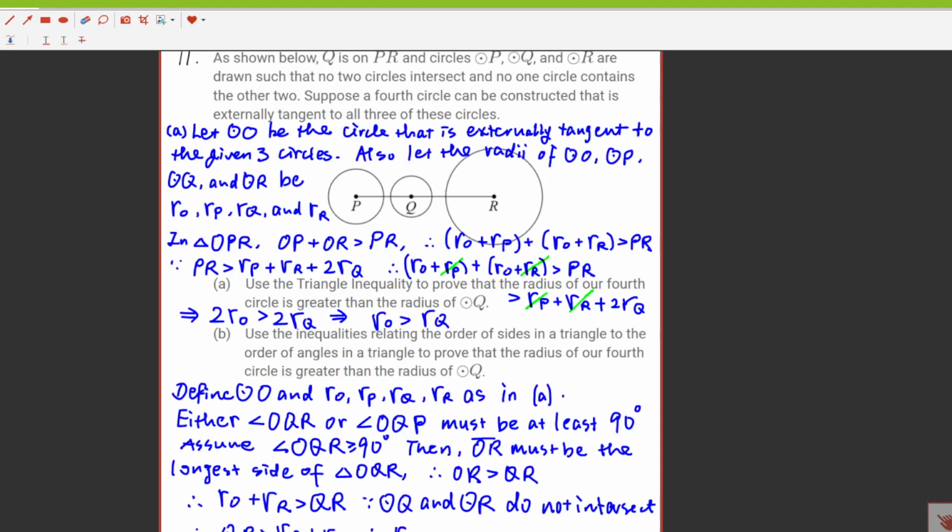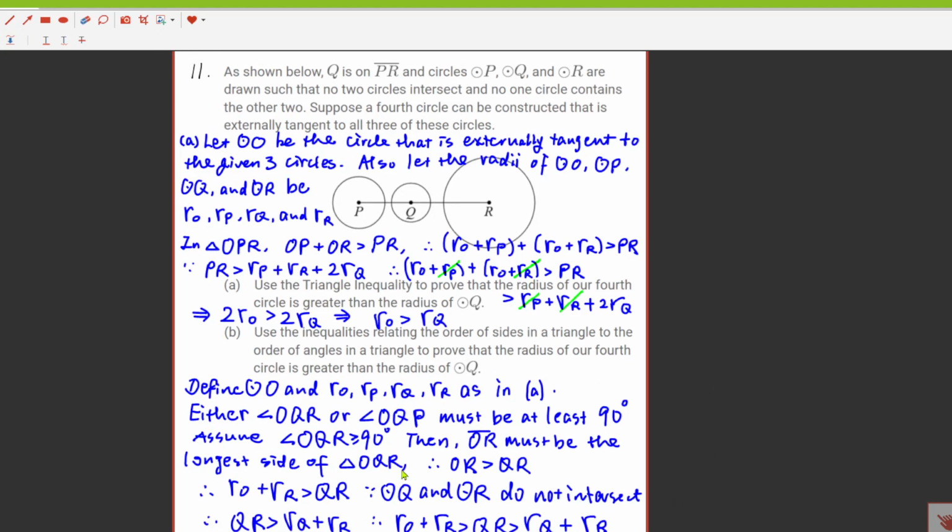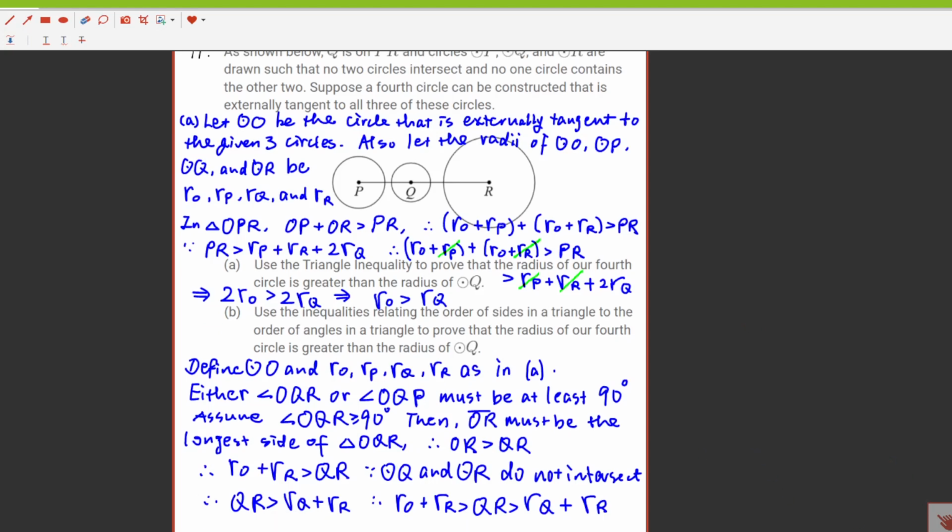Therefore, we have rO plus rR is greater than QR, which is greater than rQ plus rR, right? And eventually that gives us the desired inequality. We have rO is greater than rQ. Alright, have a look at the solution here and let me know if you have any questions.